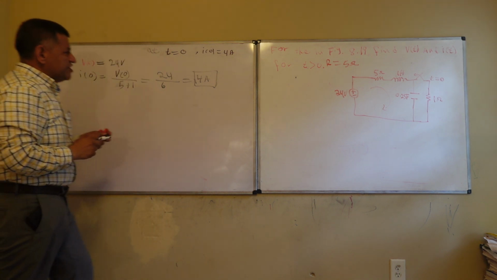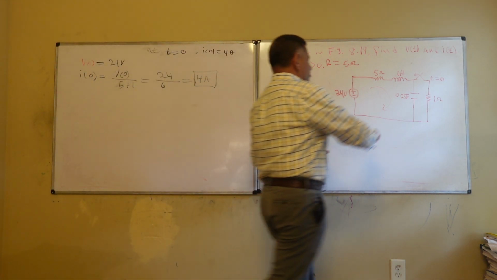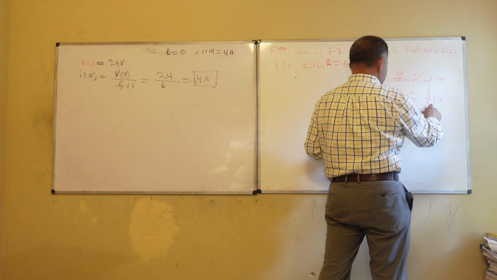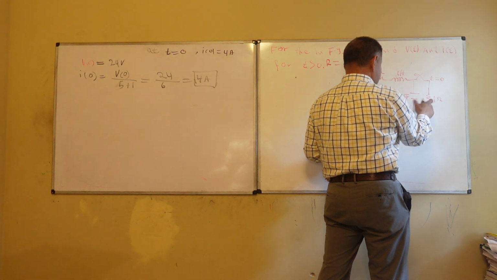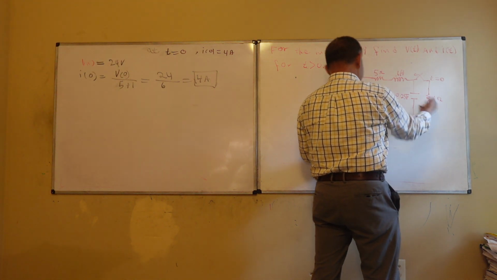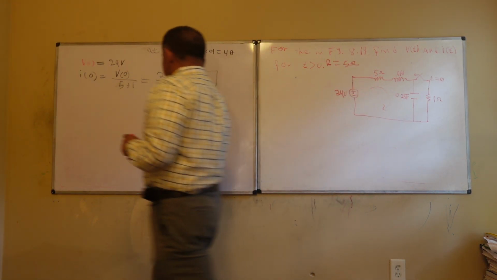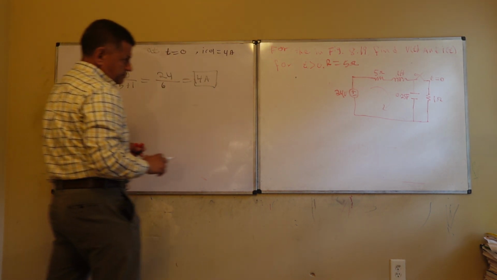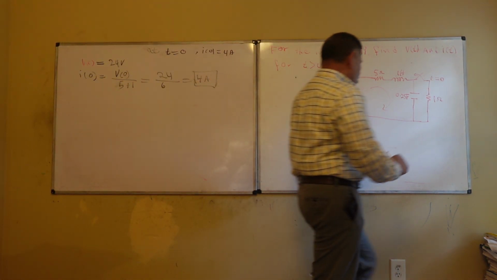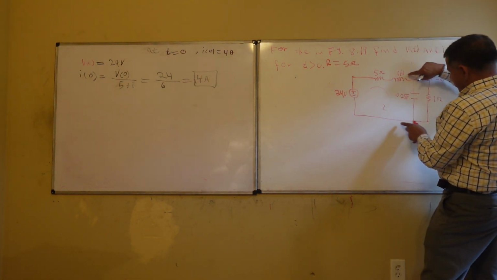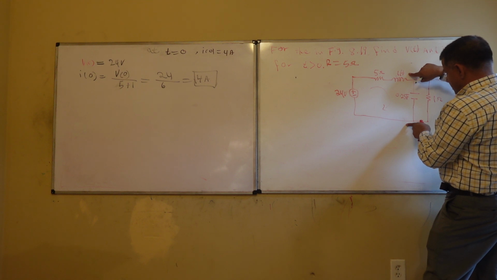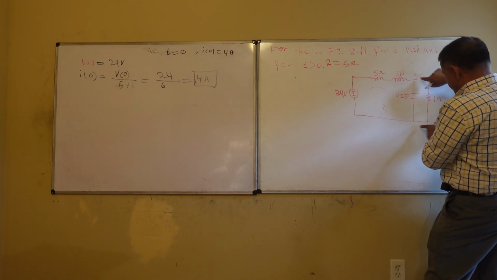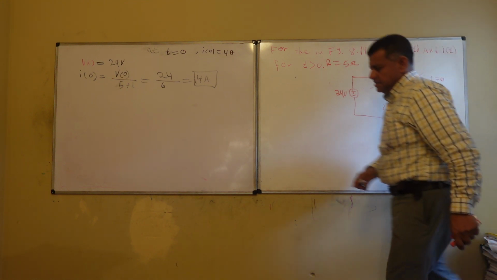Now, if you think about it, we have a current going around this loop, which is technically going around that resistor. So if you take a voltmeter and measure around this, it's going to be the same from this point to this point. Why? Because it's in parallel.